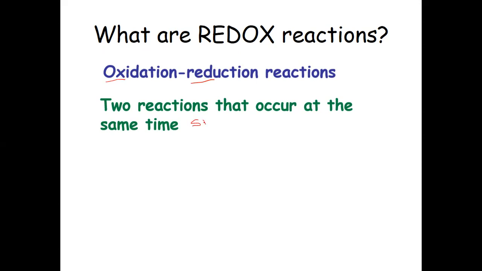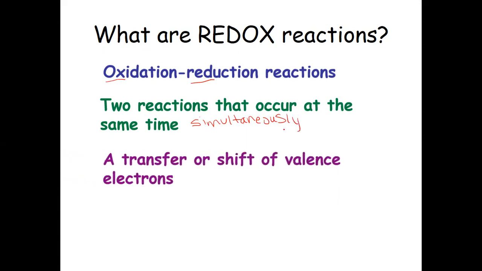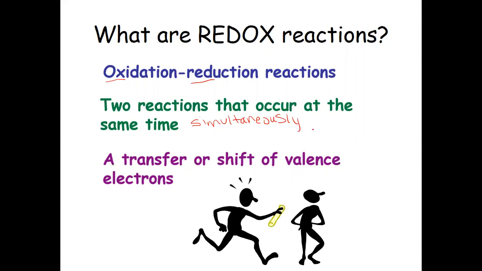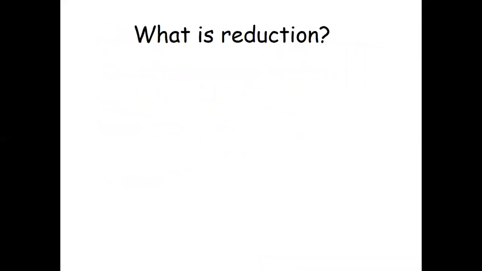Sometimes you might see the word simultaneously, because that's a big word, isn't it? And it's a transfer or a shift of electrons, of valence electrons. So basically, we're going to be looking at loss and gain of electrons in a chemical reaction.